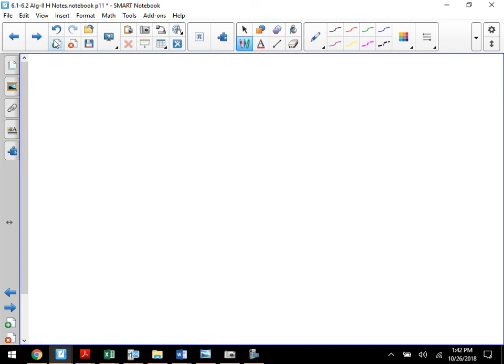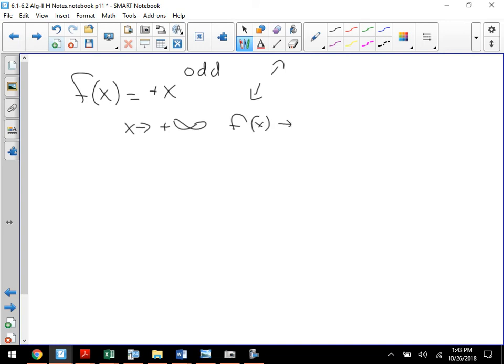So here's what happens. There are only going to be certain patterns here. If f of x is positive x to the odd, your tails are always down, up, because as x approaches positive infinity, f of x also approaches positive infinity.